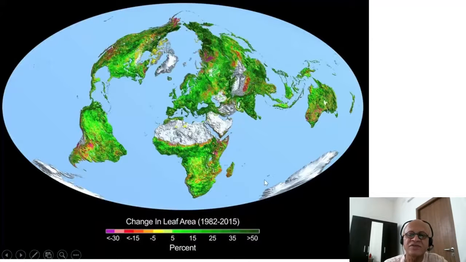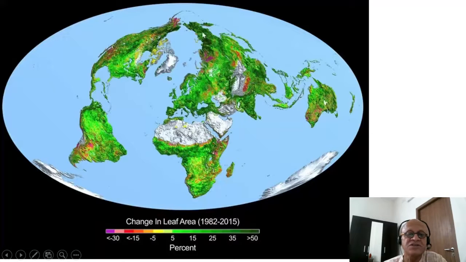And this is from satellite data looking just at 1982 to 2015. And there are people who have argued that if we don't increase the temperature but just increase carbon, we may in fact drive a lot of greening and increased biomass productivity of crops and vegetation and so on.